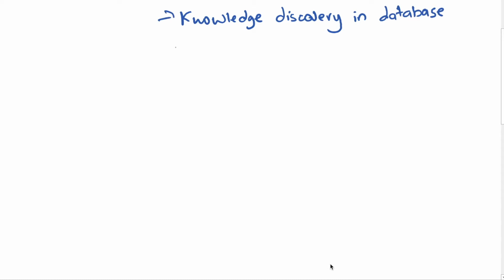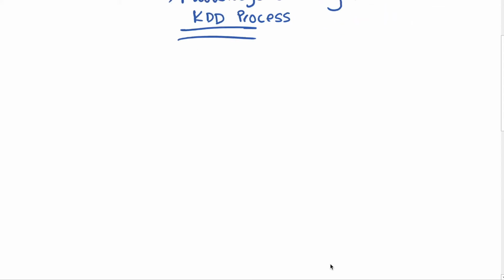Now this is also known as your KDD process. Now, as many of you know, for all those people who have already watched my first video, the KDD process consists of 7 steps. So I'm just going to summarize all the 7 steps here.